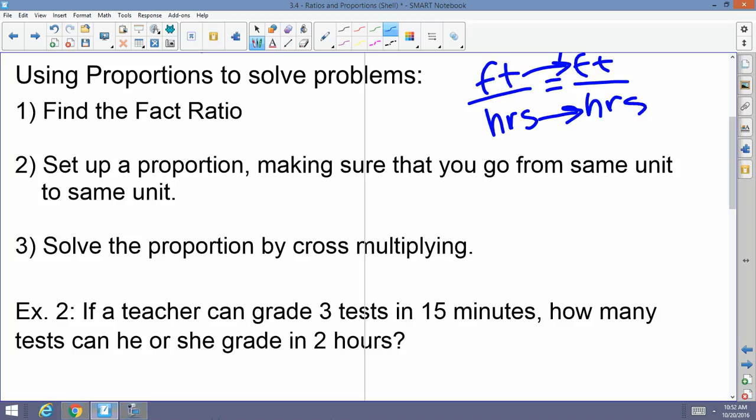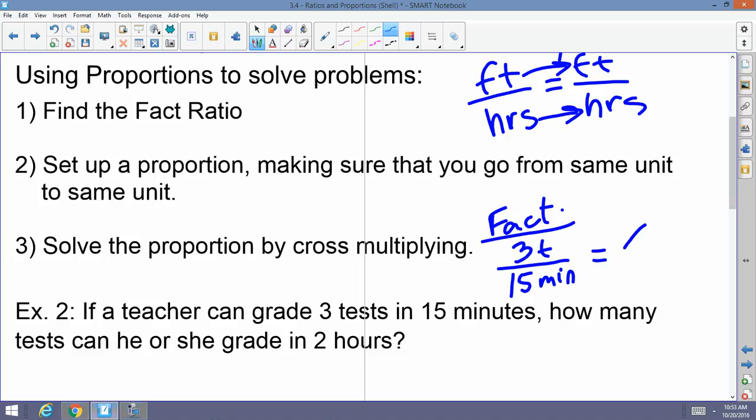So for example, guys, if a teacher can grade 3 tests in 15 minutes, how many tests can he or she grade in 2 hours? Okay, what is the fact ratio that they gave you? The teacher can grade 3 tests in 15 minutes. Now, I want to find out how many tests I can grade in 2 hours. So, what am I looking for? How many tests? So, test to test.